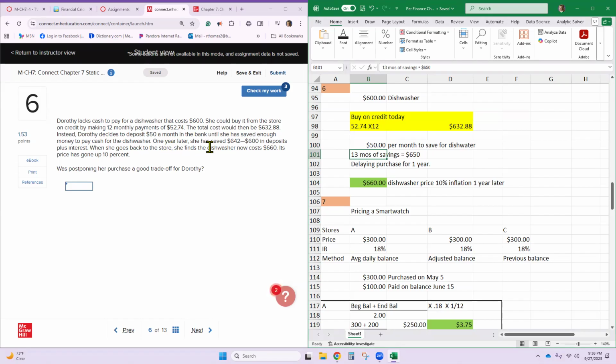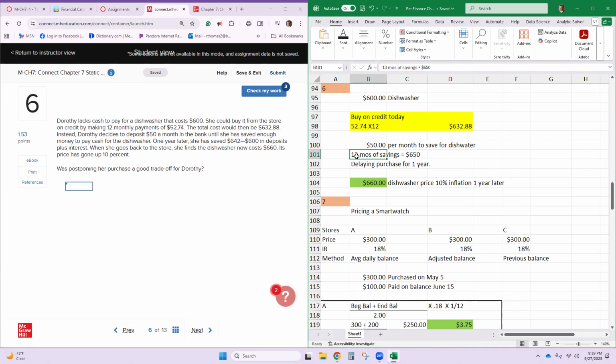But 1 year later, she has saved $642. Okay, that's the 600 in deposits plus interest. All right, so actually, 1 year later, she saved $642.